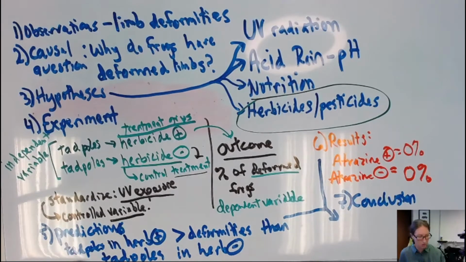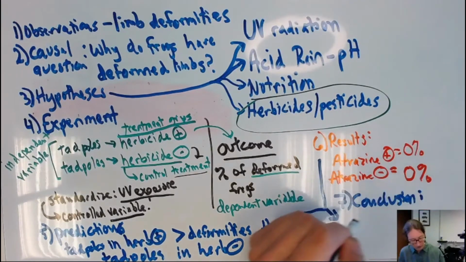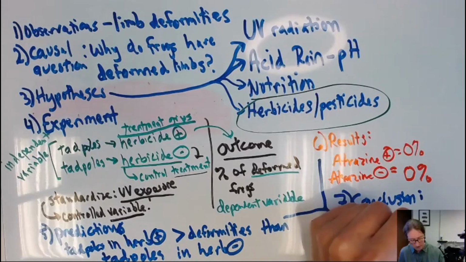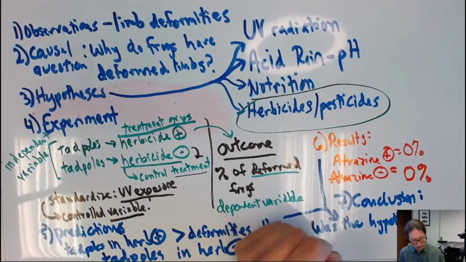We predicted that tadpoles experiencing herbicide would have a greater incidence of deformities than those that did not experience herbicide, but as it turns out, nobody experienced any deformities. Okay, so now what I want you to do is to pay very close attention to what I'm going to say about our conclusion here. For our conclusion, we always want to directly answer this question: Was the hypothesis supported?